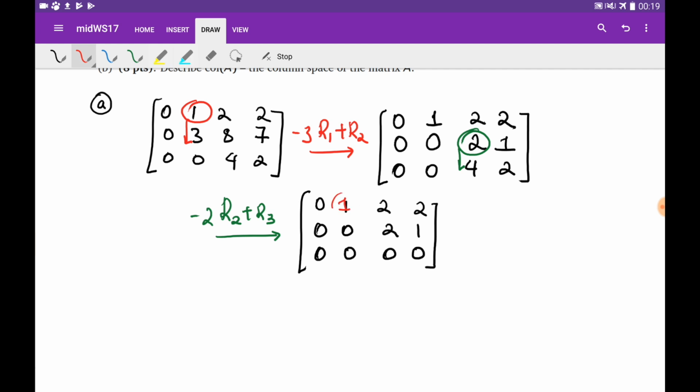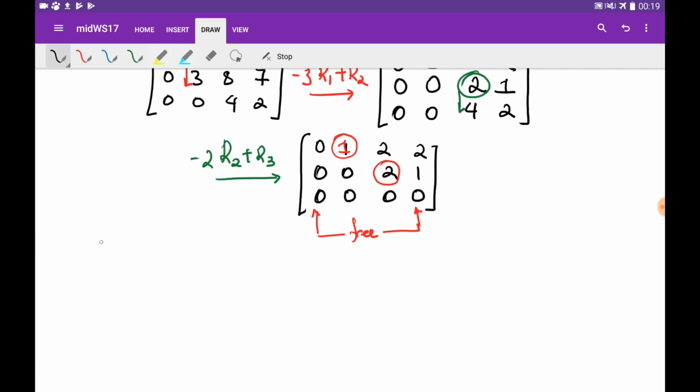Where I've got a pivot on the first row and on the second row. So I need to go through the columns and find the free columns. This column and this column do not have a pivot, so that is why they are the free columns. So x1 and x4, which correspond to the first column and fourth column, are going to be the free variables.